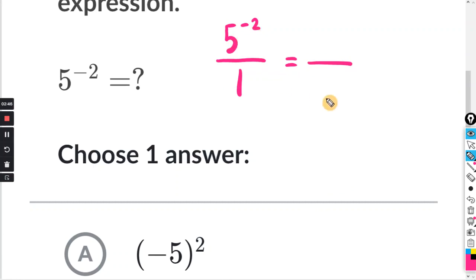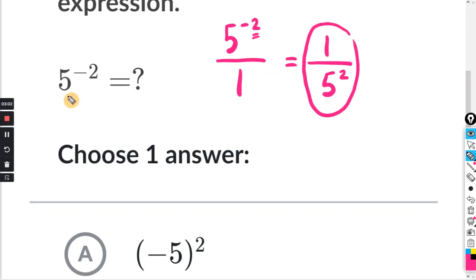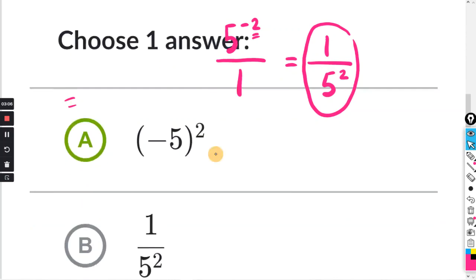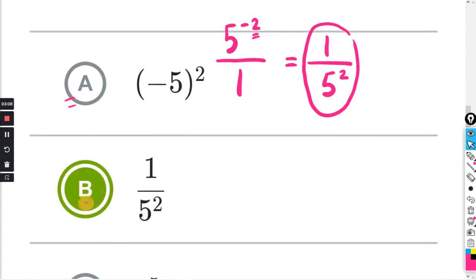So 5 to the negative 2, if you move that to the denominator, it becomes 5 to the positive 2. So I just changed the plus minus sign on the exponent. There's still a 1 in the numerator, and that's it. 5 to the negative 2 equals 1 over 5 squared. So let's see. Answer B.